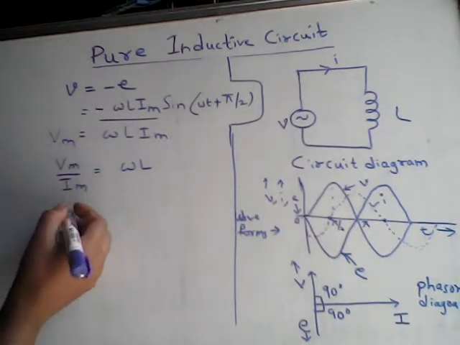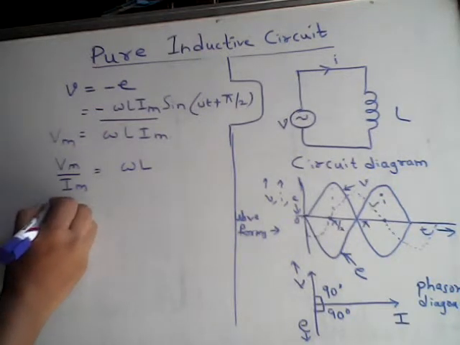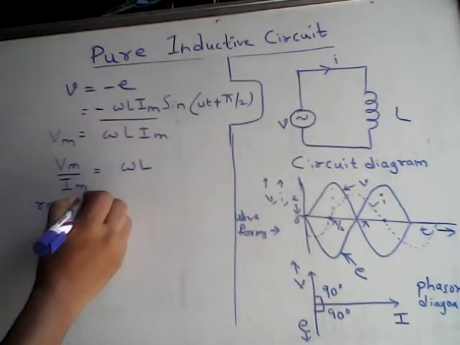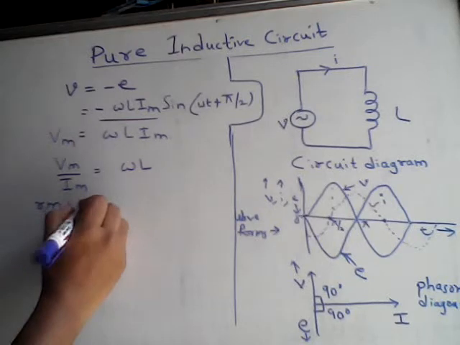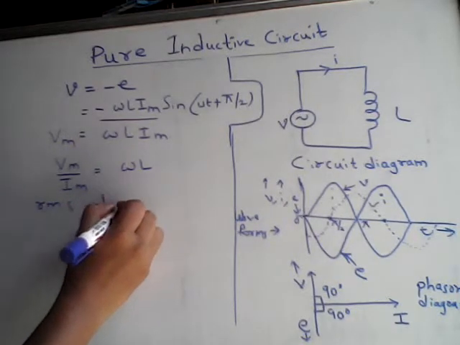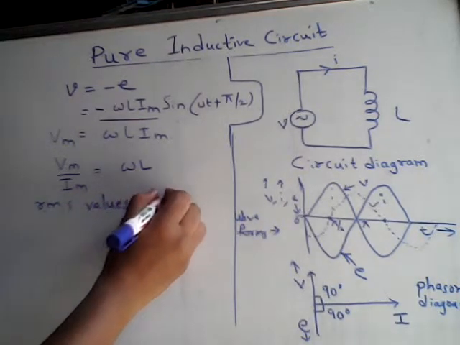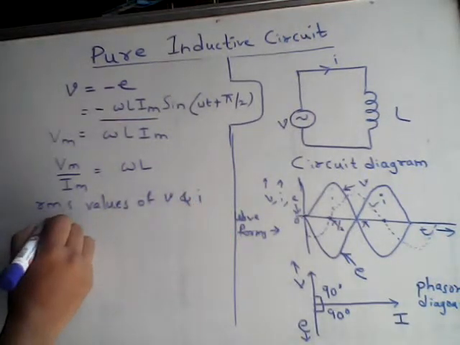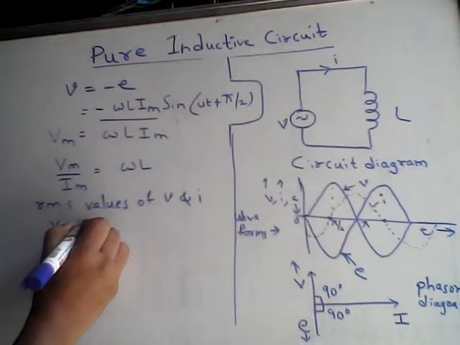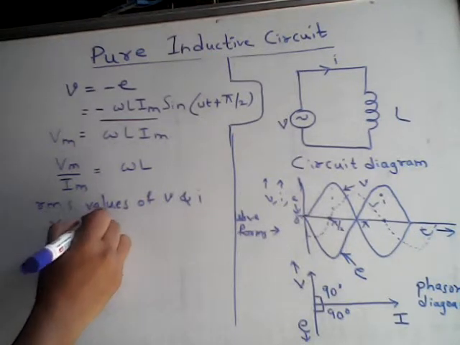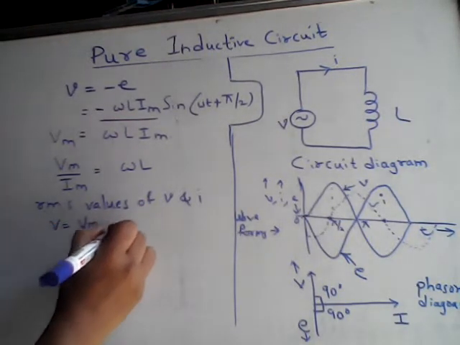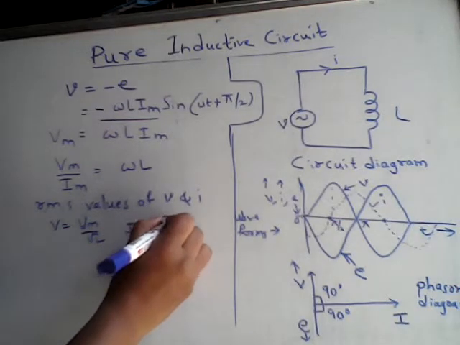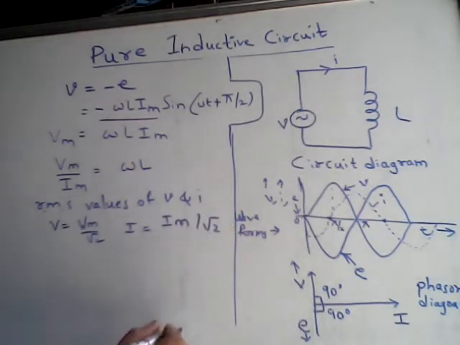And we know the RMS values of V and I are given by V equal to Vm by root 2 and I equal to Im by root 2.